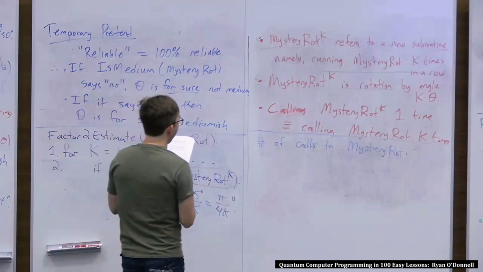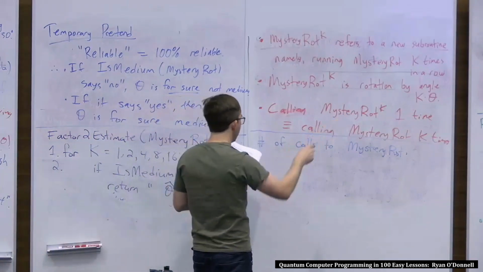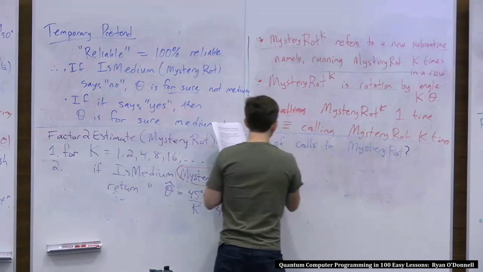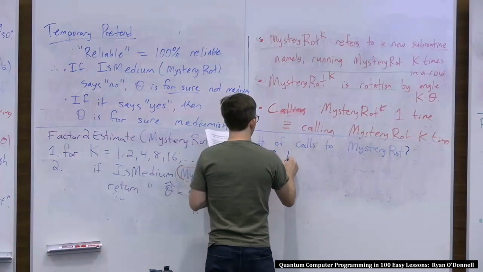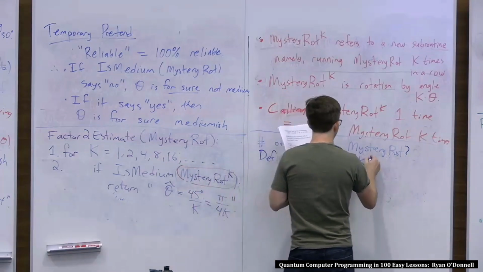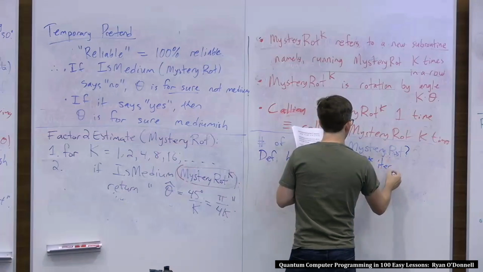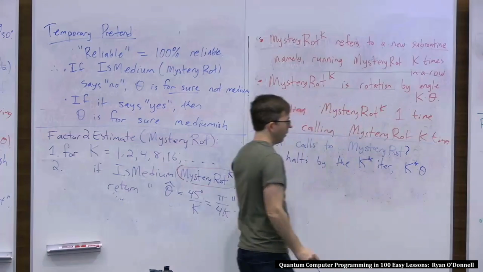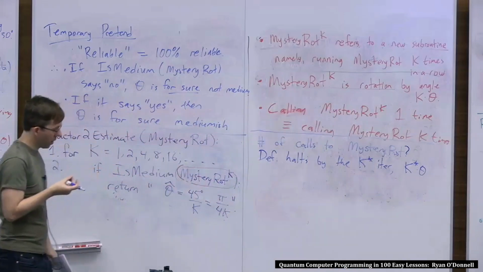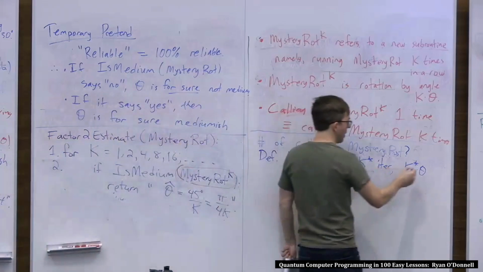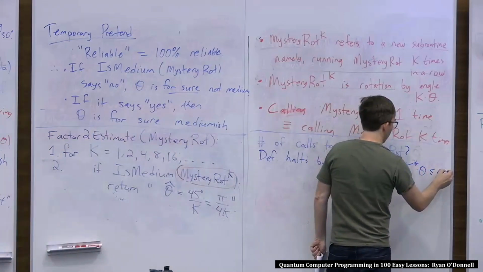So we know from part 2 that it definitely halts by the k star iteration of the loop. And the nature of k star is it's the k star such that k star times theta is medium. So in particular, that means k star times theta is at most 60 degrees.